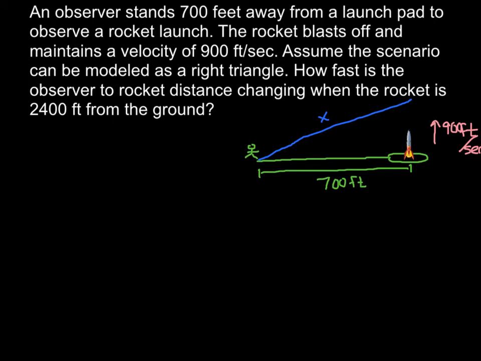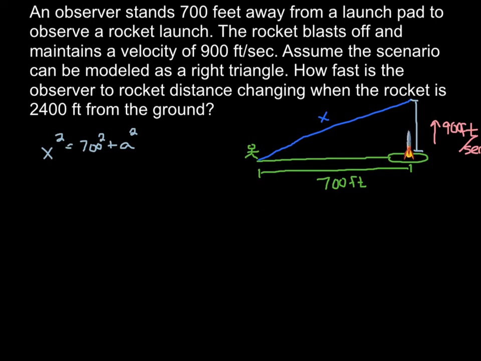So let's try and figure out what we know. Well, we know how to find x. We have x squared equals 700 squared plus whatever the altitude is. Okay, so that's going to give us our value for x, no matter what. We know that the rocket is going at a velocity of 900 feet per second.